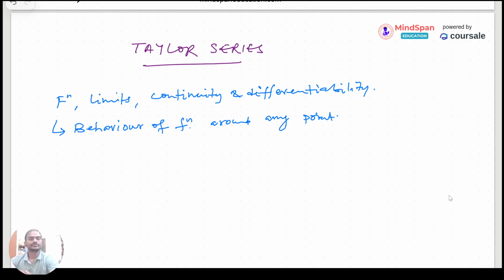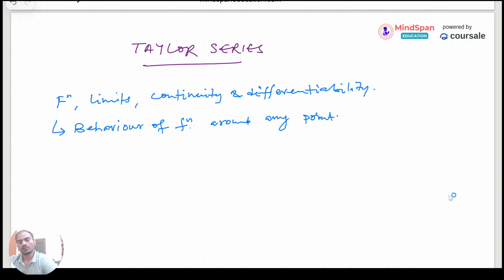Till now, we have already seen these chapters: function, limits, continuity and differentiability. Our today's topic is Taylor series, as you can see on the screen. In this lecture, we are going to discuss Taylor series, expansion of a function, and the magical formula that we use to predict a function based on the knowledge of the derivative of a function at any particular point.